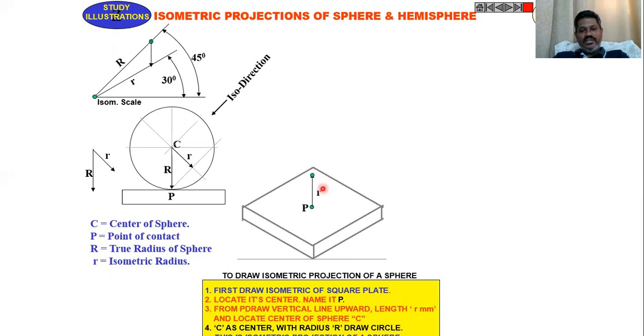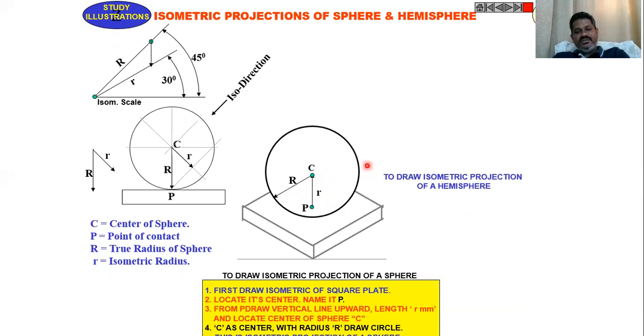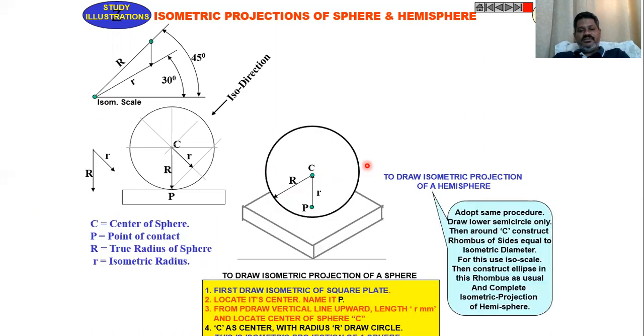We just locate the point and name that point as C. Then with the C point as center and capital R as radius, draw a circle. This will be the same figure, but now let us see the procedure.